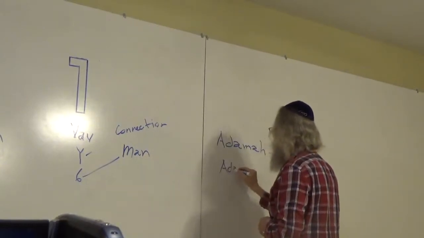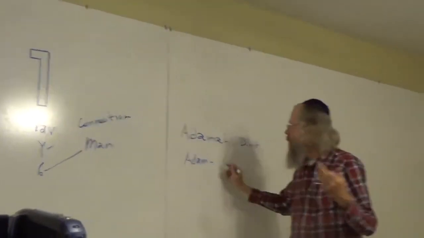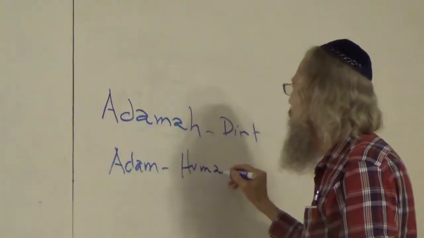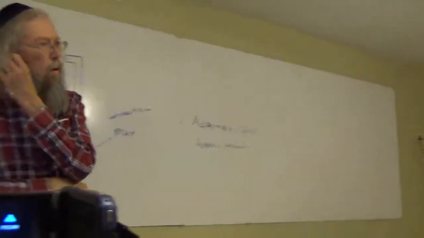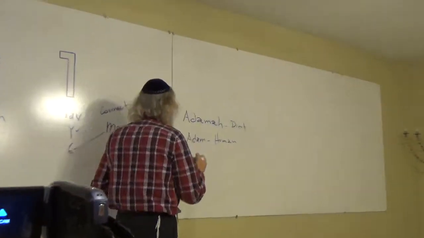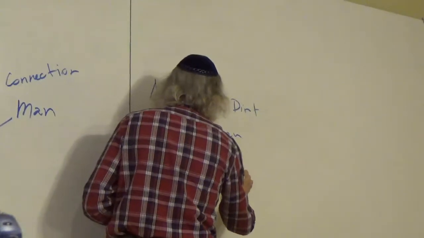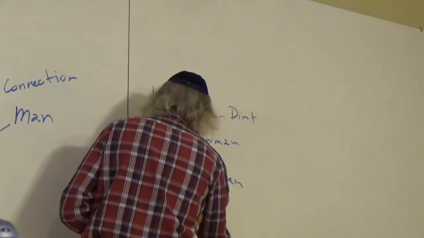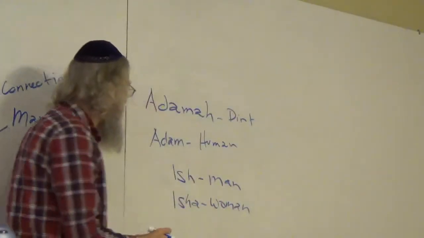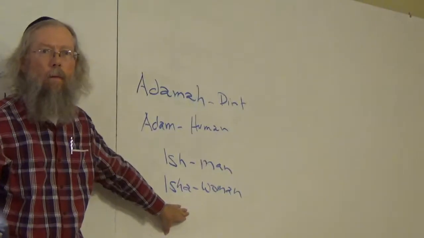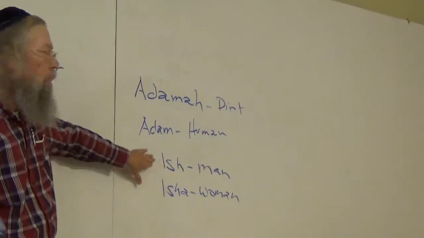And so the first man's name is Adam. Adam is equivalent to saying human in Hebrew. Ish means man. Isha means woman. This is what he calls Chava, Eve. She's given the term Isha because she's taken from Ish.